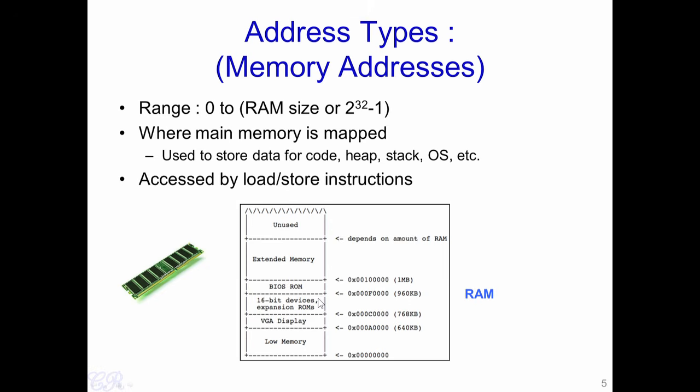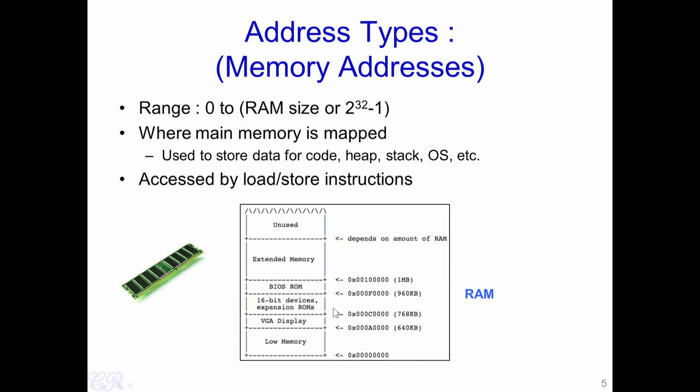Essentially, in the previous generation of computers, in the early 80s to early 90s, the devices that were attached to the computer could have what was known as expansion ROMs. ROMs are the read-only memories, and these ROMs could be addressed within this particular memory region.